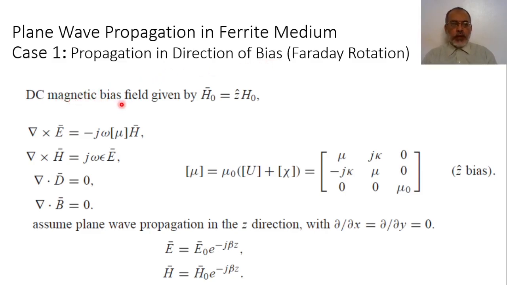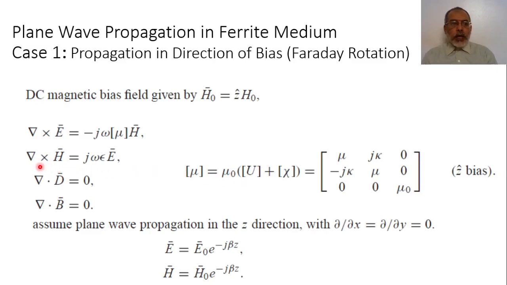Assuming that the DC magnetic biasing field is in z direction, such that the biasing magnetic field has an amplitude H naught in z direction, and according to Maxwell's equation, the relation between the electric and magnetic fields of the incident plane wave would be curl E equals minus j omega, the tensor of the permeability mu, multiplied by H. And here the tensor of the permeability, according to the direction of the biasing magnetic field, would be as follows: [mu, j kappa, 0; minus j kappa, mu, 0; 0, 0, mu naught], which is the permeability of a ferrite medium with a DC magnetic biasing in z direction.